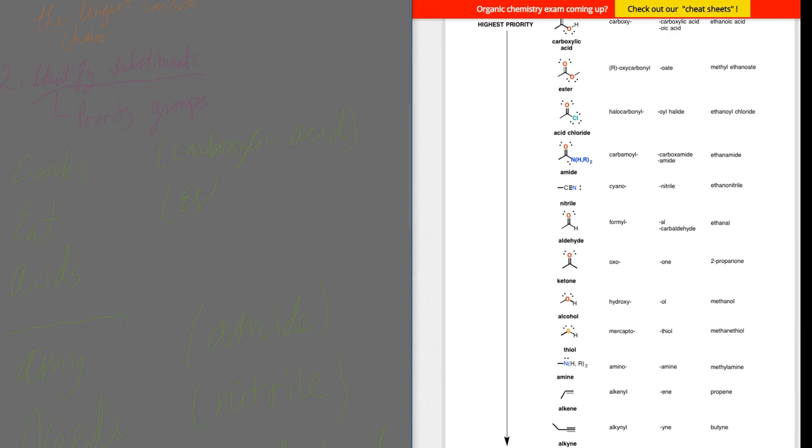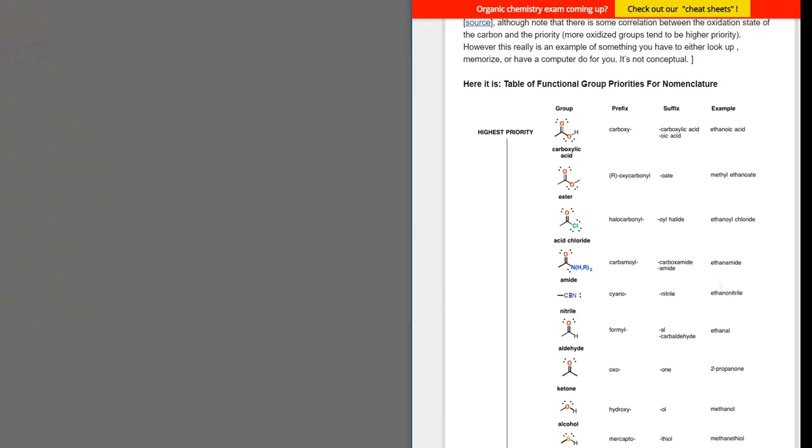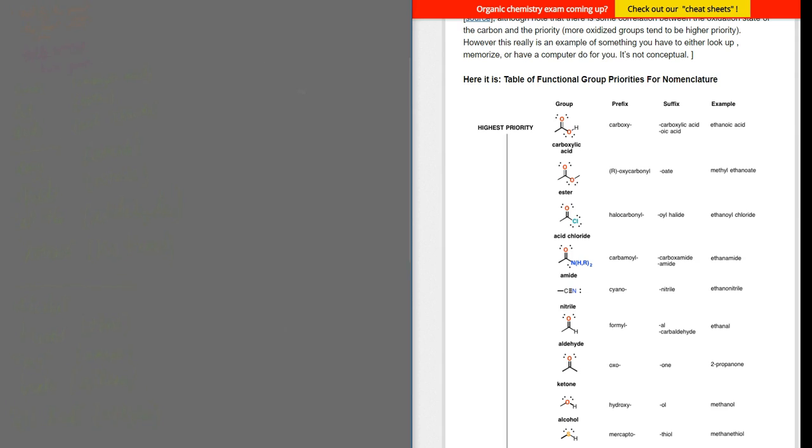This is ester. This is acid chloride. Okay. Then you want to take into consideration the way it's organized.